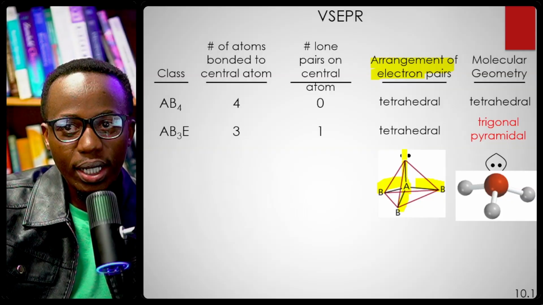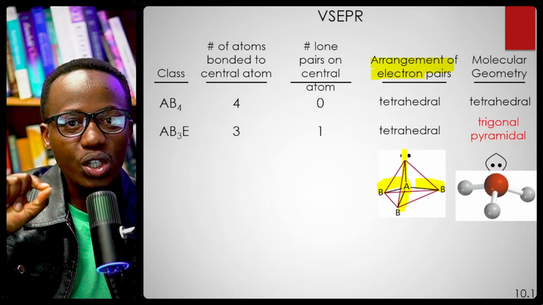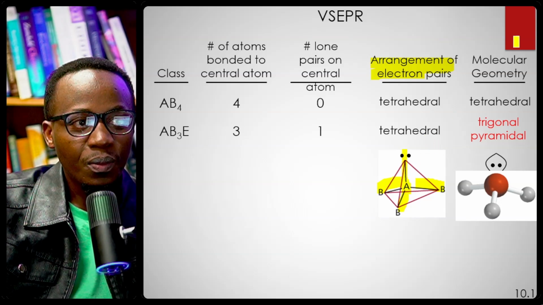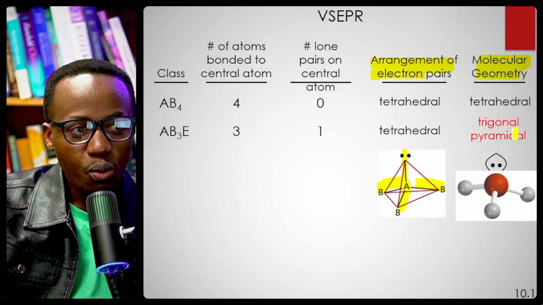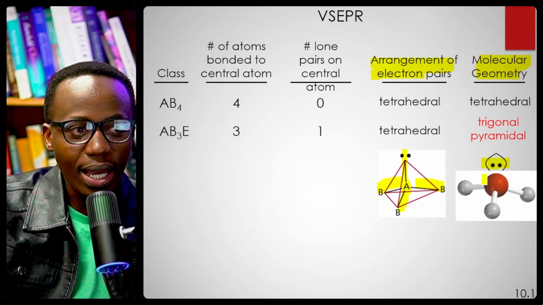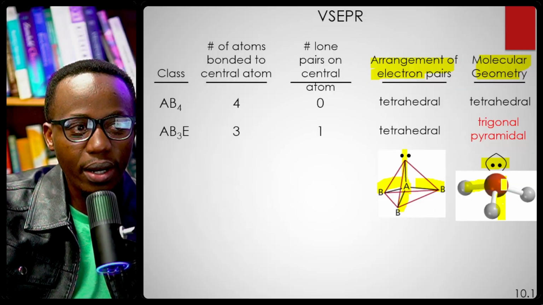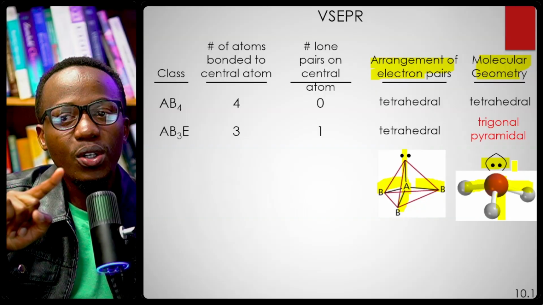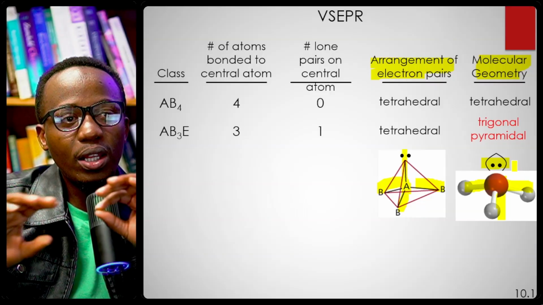If we only look at electrons, counting the lone pair, the electron geometry is going to be tetrahedral, right? However, if we're looking at the molecular geometry, we will disregard the electron pair because we're only looking at the atoms, and we'll say that it is trigonal pyramidal here, right? So the electron geometry is going to be different from the molecular geometry if you have a lone pair.